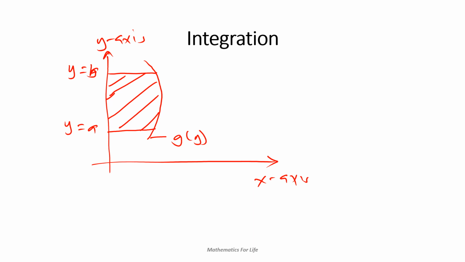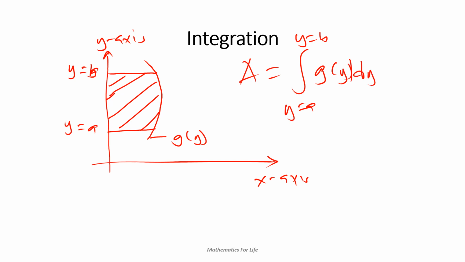Note that you can also determine the area bounded by the curve g of y for the provided limits of y equals a and y equals b by using the expression area equals the integral from y equals a to y equals b of g of y dy.